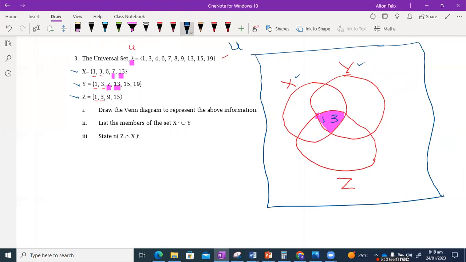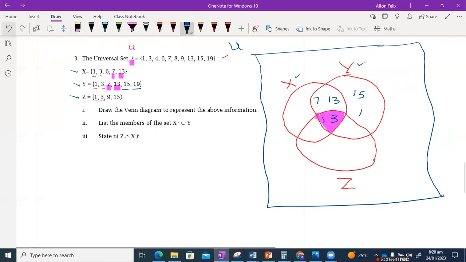When we consider X and Y, the 7 and 13 can go right here. So that's just common to both.